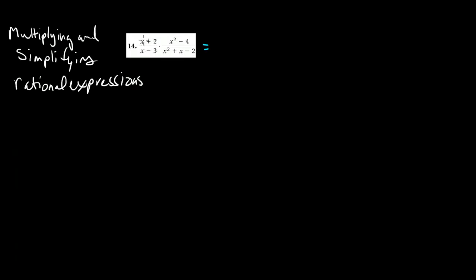No. You may be tempted to cancel out those x's, but remember, you are not allowed to cancel out terms. You can only cancel out factors. So let's not cancel out those x's. This one doesn't change. It's still x plus 2 over x minus 3. Now, that's going to be times the quantity.